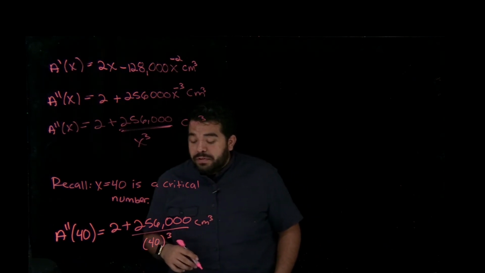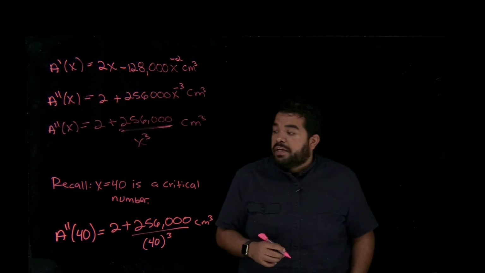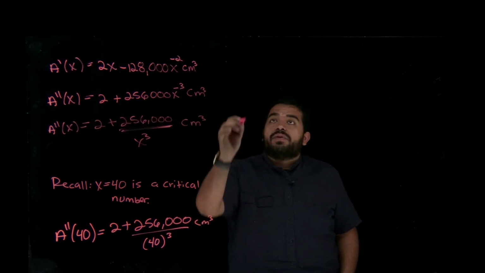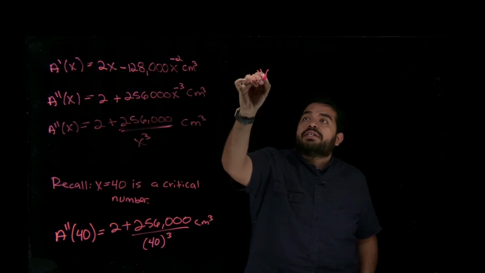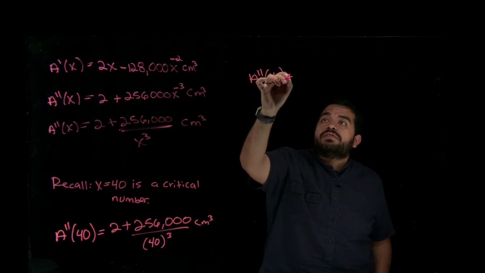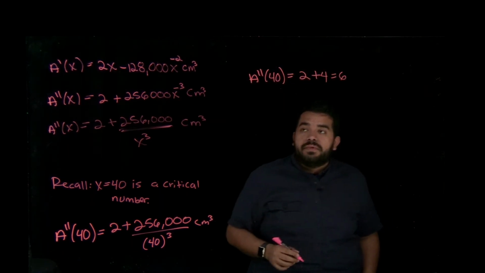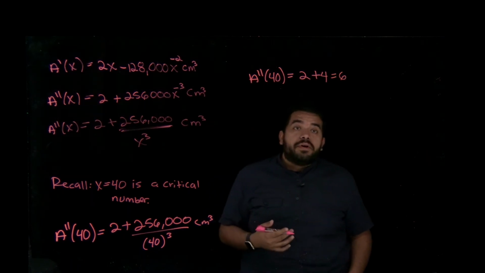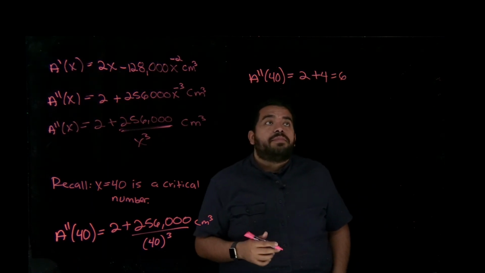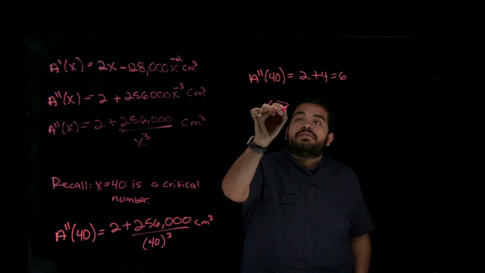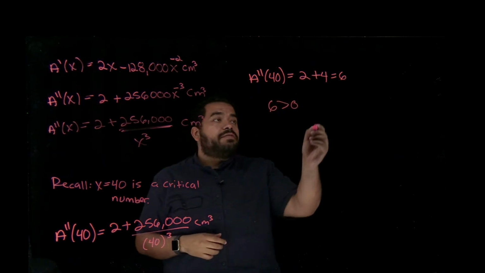Now here we have to use a calculator for this, and when you plug this in your calculator, you are going to get that the second derivative when you plug in 40 is equal to 2 plus 4, which is equal to 6. Now notice this is positive, right? Because 6 is greater than 0, that means we have concave up.